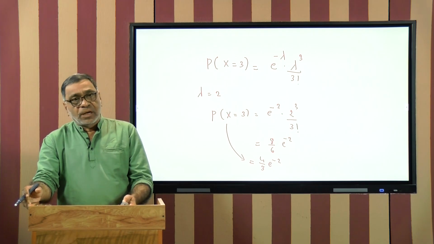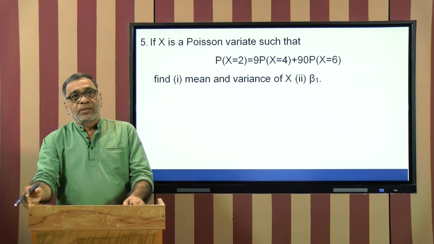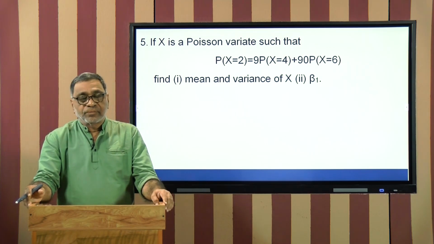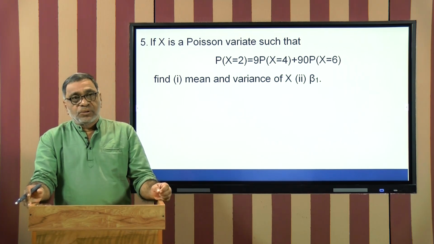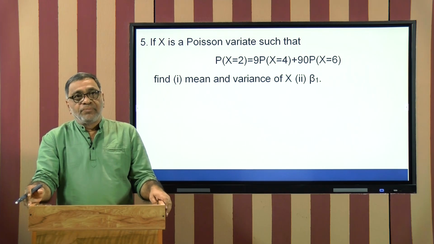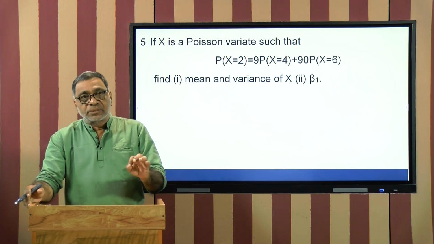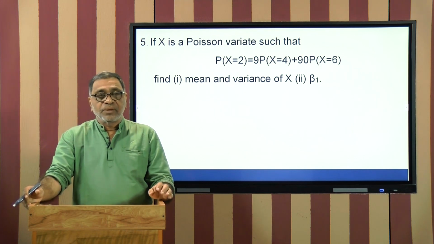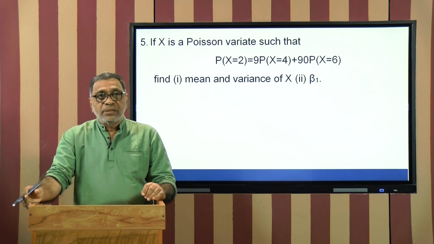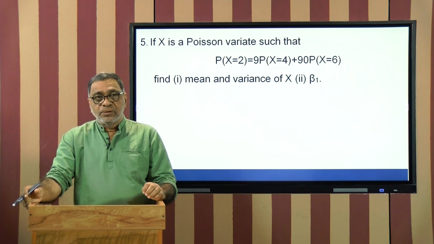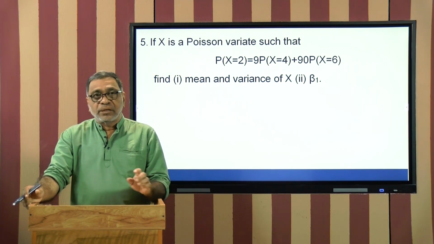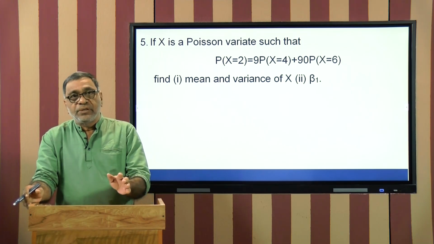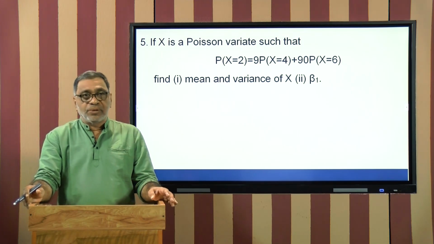Now, consider another problem related to the Poisson distribution. Similar to the earlier problem, here also the problem is finding the parameter value. You are given that X is a Poisson random variable and lambda is not given directly, and to get the value of lambda, an equation in terms of probability is given to you.